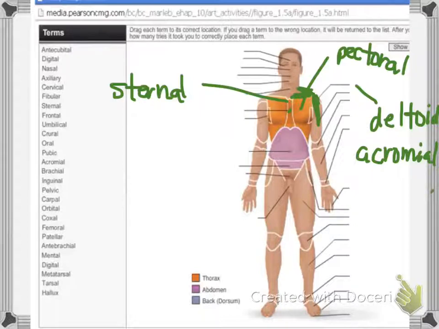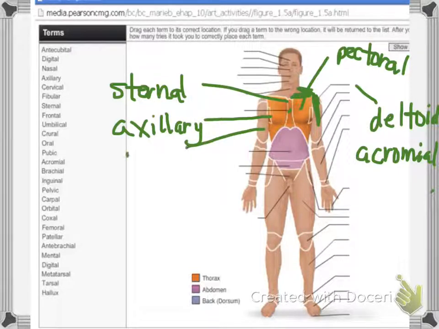Some other things. We have the armpit in here, which is the axillary, or axillary. Go to the arm here. This is the brachial. And in medical terms, this is the arm, this is the forearm.